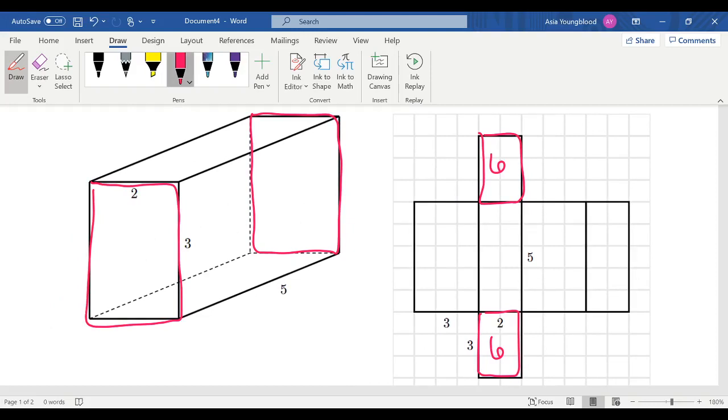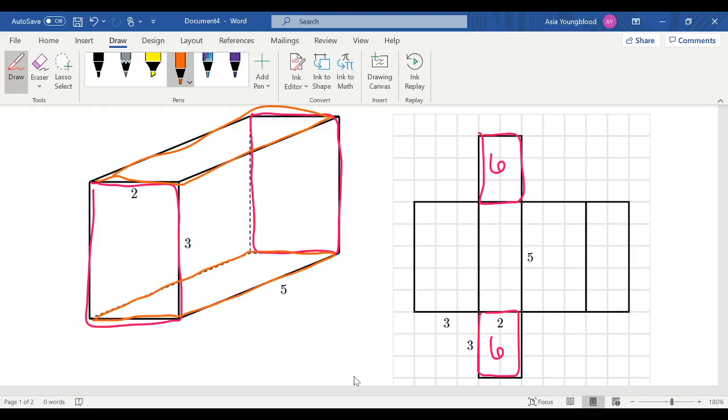Now let's look at these rectangles that we have up top. So we have this rectangle, right? It has dimensions 2 by 5. We know this is 5 because this length down here is 5. And again, this is going to be another 2 by 5 rectangle.